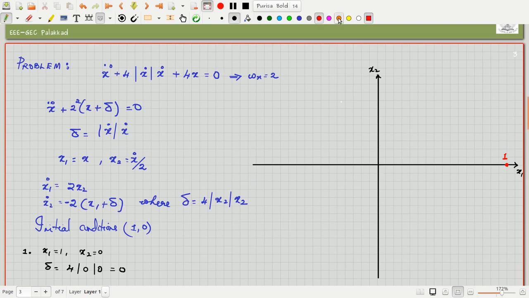I will mark the delta points with orange color. This is the first delta point, which I will call O1, the center point. With O1 as center and radius 1, I should draw an initial arc for the system. I will draw the arcs with this pink color.